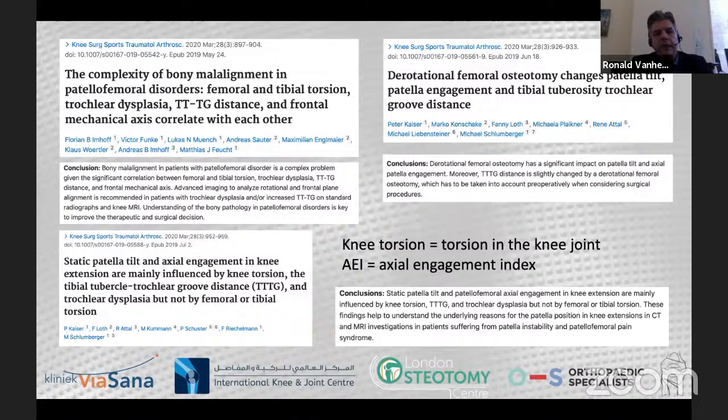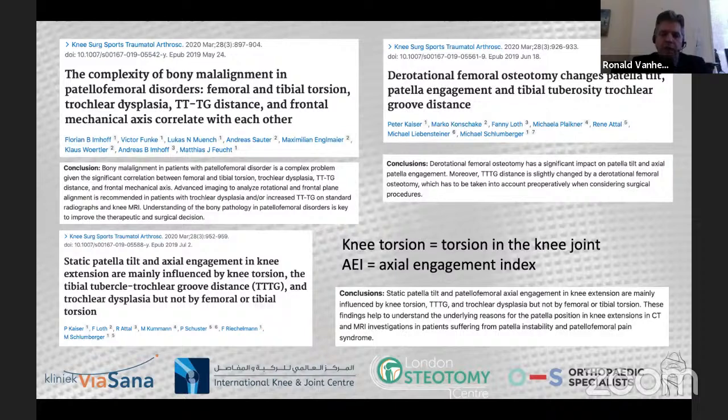Now, there is a lot of literature these days on the complexity of the bony malalignment, and it's very interesting to read this literature. However, there are new things discovered and new things defined where, to be honest, I don't have a clue yet how to treat that. There is a new thing going on in the literature on knee torsion. So torsion within the knee joint and the axial engagement index of the patellofemoral joint.